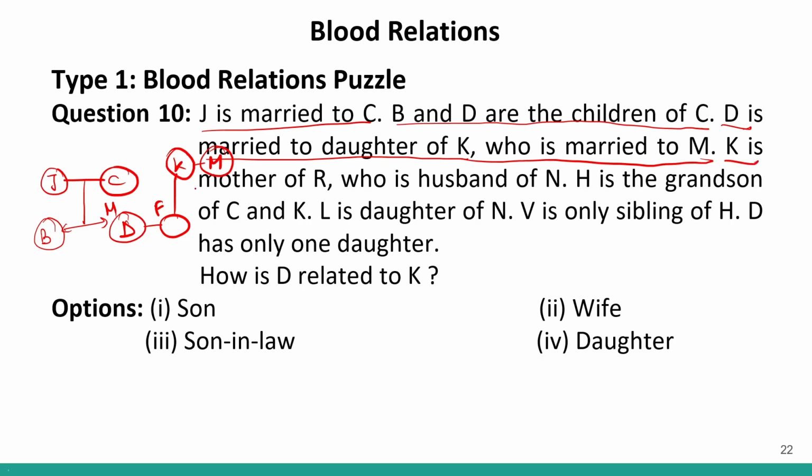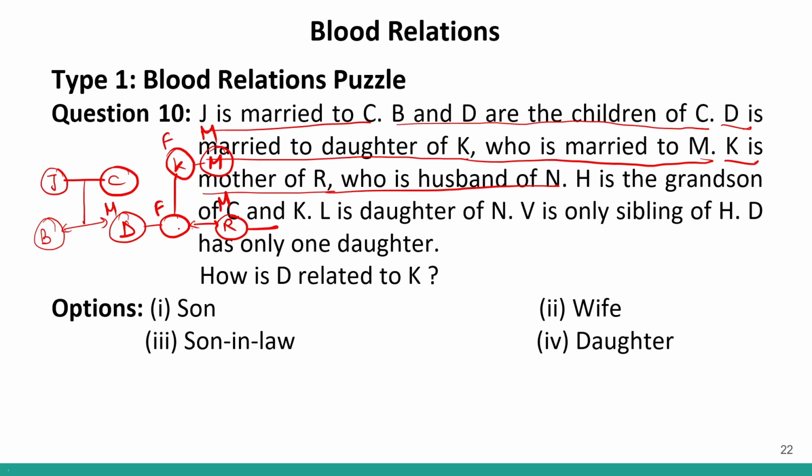K is the mother of R. Okay? K is the mother. So, K would be female. M would be male. And R is the husband of N. So, now K also has 2 children. One is this person. The other one is R. This is the husband, male.